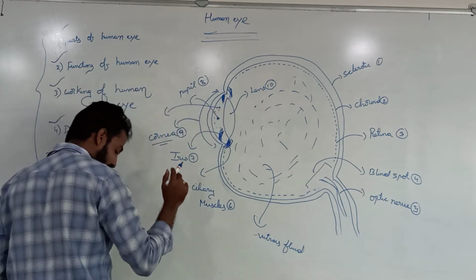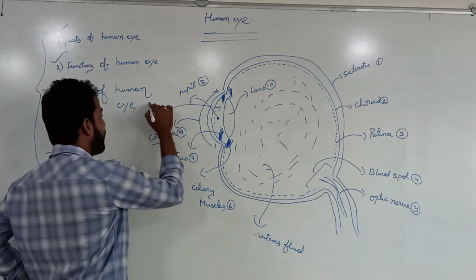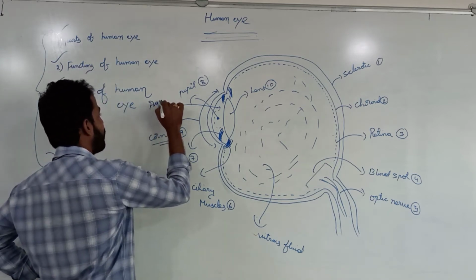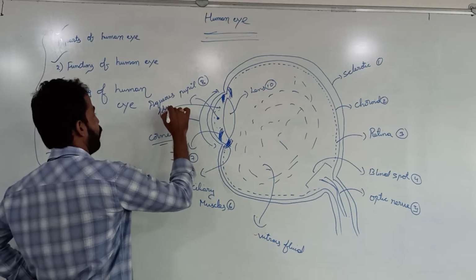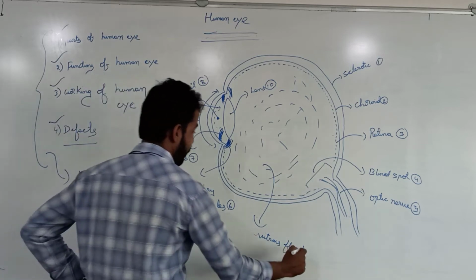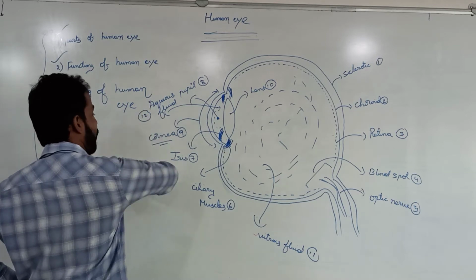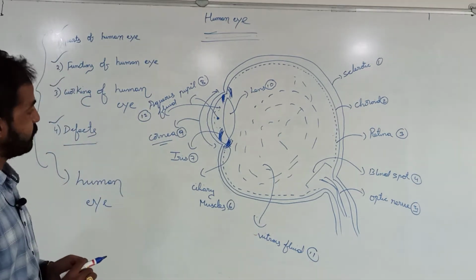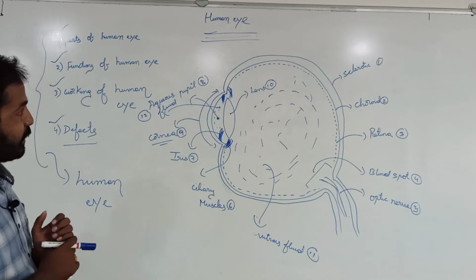That is known as aqueous fluid. A-Q-U-E-O-U-S. Aqueous fluid. Let's call the vitreous fluid part 11 and the aqueous fluid part 12. So there are 12 parts which we are going to discuss.